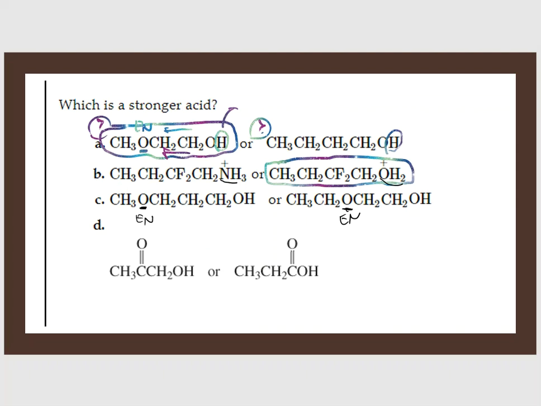So in this example, to the right-hand side, the oxygen is closer to the acidic hydrogen that we are focused in on here at the very end. Because this is closer, it has a better effect on that hydrogen. It pulls electrons away from that hydrogen a little bit more than the structure to the left of it. So this one is going to be the stronger acid, the one to the right-hand side.